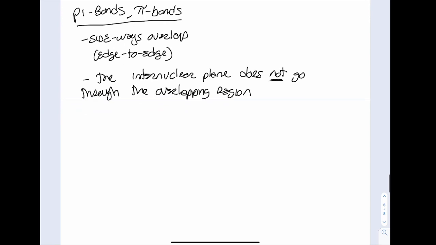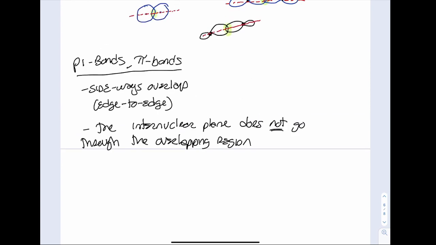So an example for this one, and I can't do it with s orbitals. S orbitals, no matter how I rotate that sphere, if I connect those two nuclei, it's always going to go through that overlapping region. So an s orbital and another s orbital are only going to be able to form sigma bonds. And honestly, an s orbital overlapping with something that's not s is also only going to be sigma, because an s orbital is a sphere, no matter how I rotate that sphere.